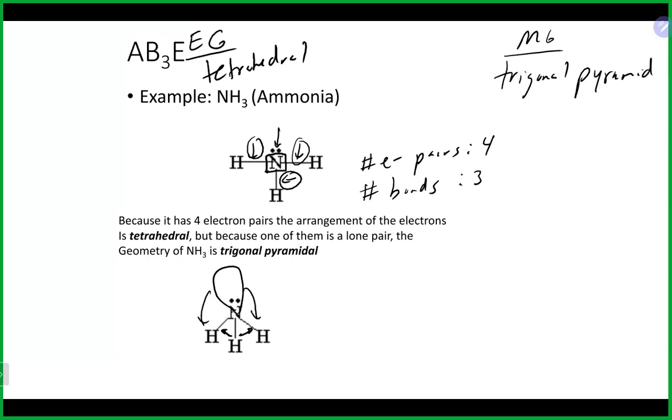And the bond angle here will be less than 109.5, which is the tetrahedral bond angle. It's about 107 for this particular one. Again, it's trigonal pyramid because it makes a pyramidal shape on the bottom and a triangle up on top.